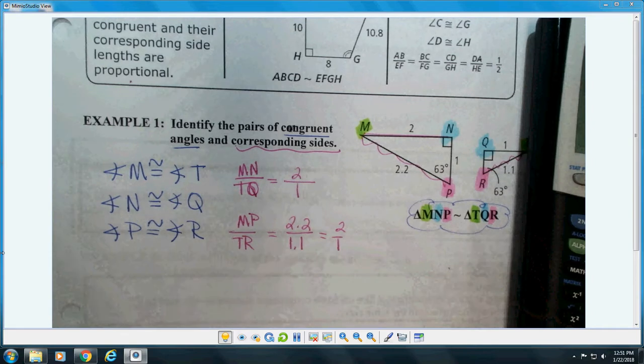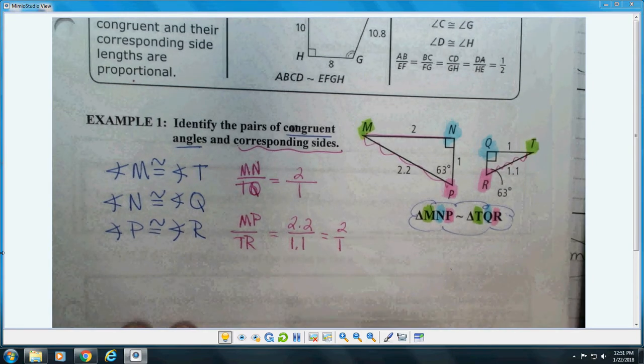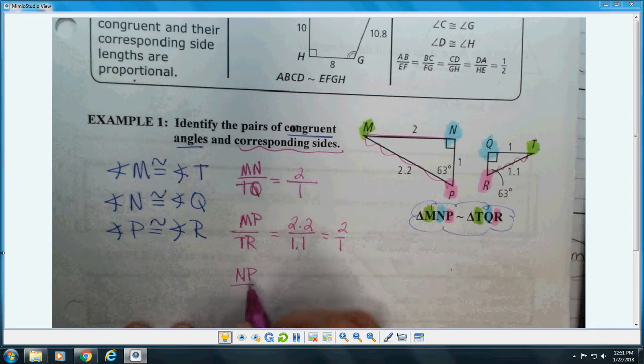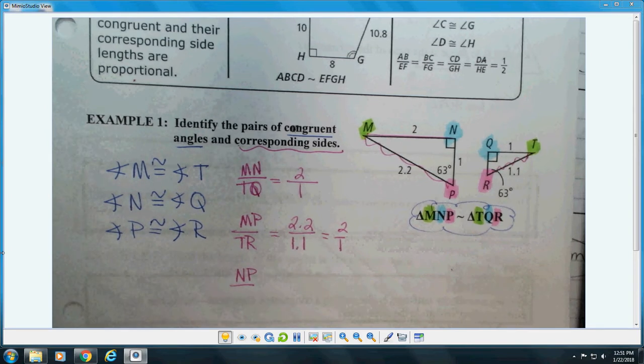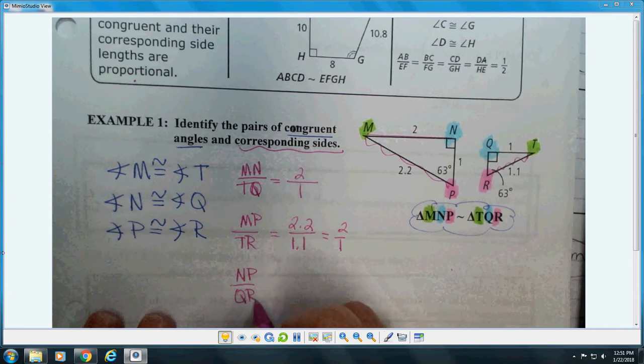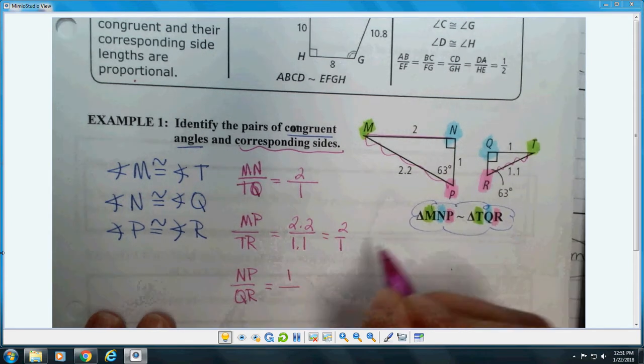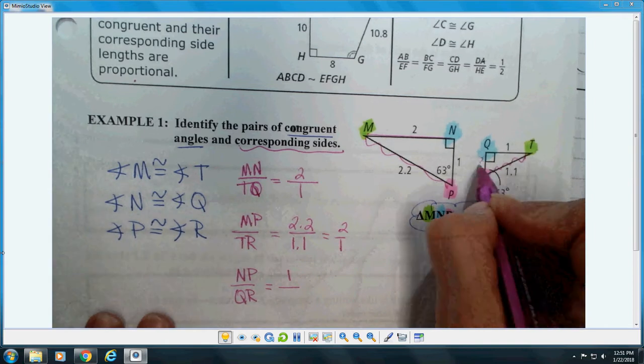Those match, so I'm good. Now I have another one to check. The only other side I haven't done is NP, and the corresponding side to NP is QR. So NP is 1 over QR. I don't know it.